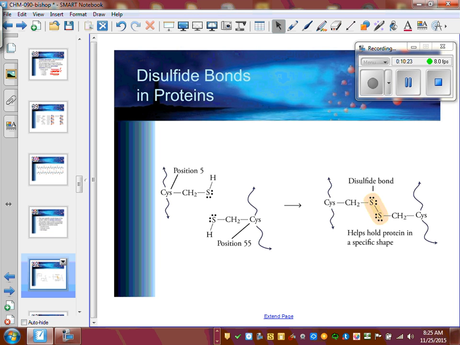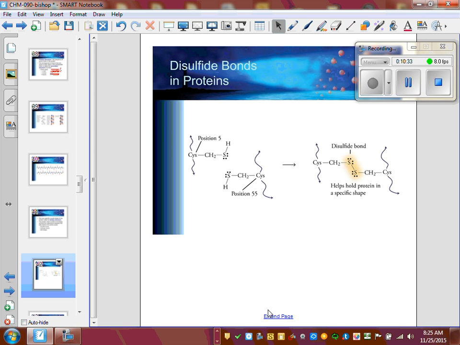So here we have cysteine. Remember we said cysteine has a CH2 and an SH? So the protein is long chains of amino acids. So here you have a long chain, and it curls around and maybe comes back here.